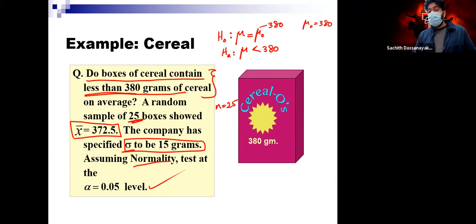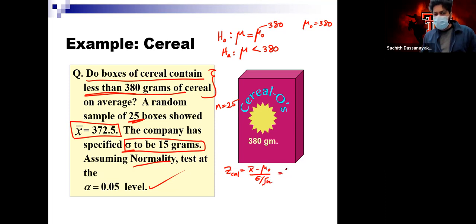So how do we perform this test? I have solved this in the next slide, but here I'll show you how to start. First, you have to find the Z-cal. Whether you use the p-value or critical value approach, you have to find the Z-value: X bar minus mu naught divided by sigma over square root of n.